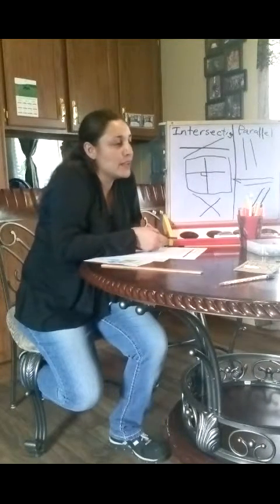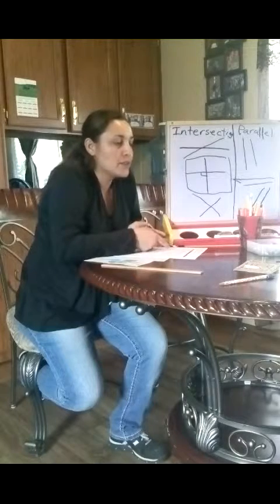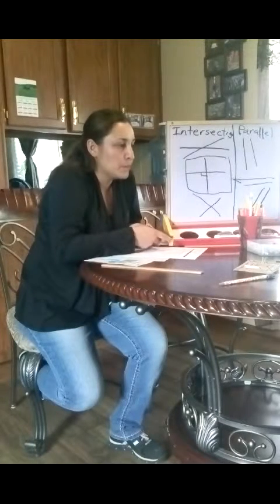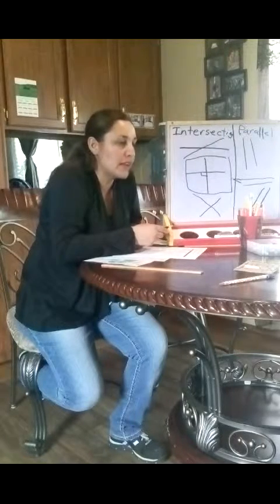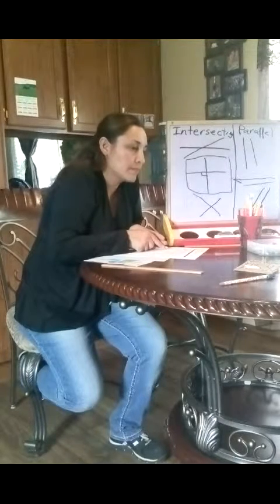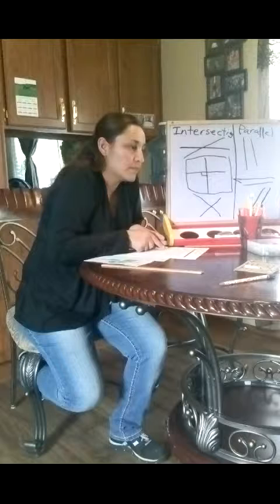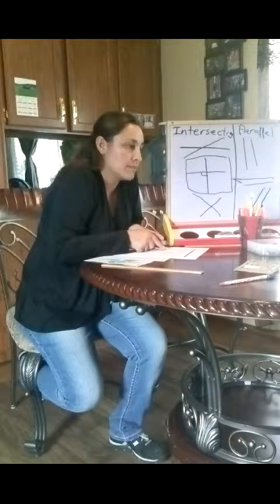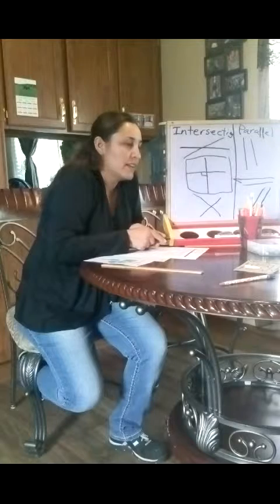So I love the way your maps are turning out. I'm going to ask you to grab the black marker. And can you please outline a major parallel line street that you have on your map? Okay, great. How do you know that your line is parallel?